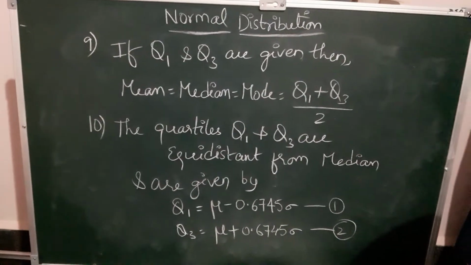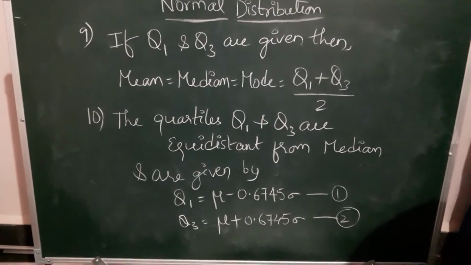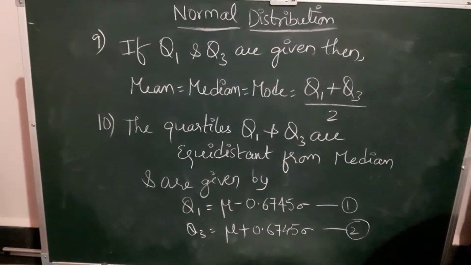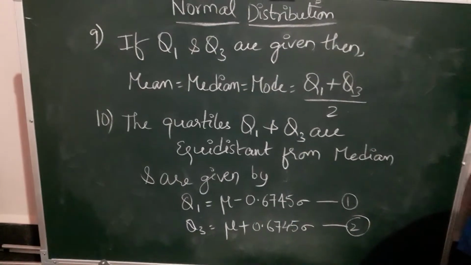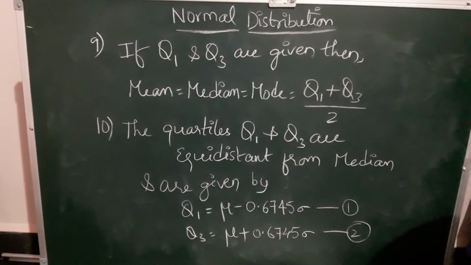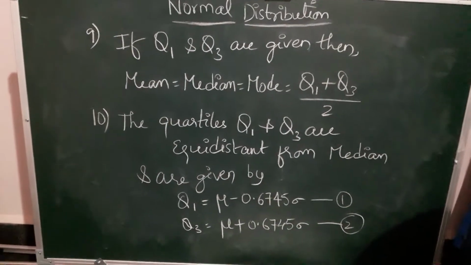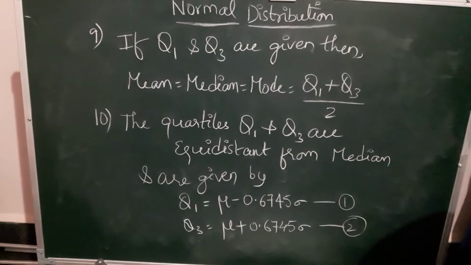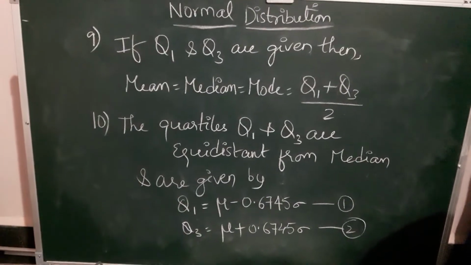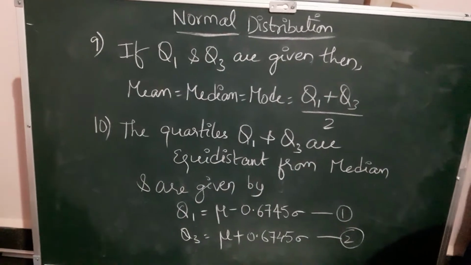So generally in a normal distribution, when the lower and upper quartiles are given, how do we calculate the mean, median and mode? What is the formula when Q1 and Q3 are given? It is Q1 plus Q3 divided by 2. You are just calculating the average. This property number 9 is generally not mentioned in the textbook, but in the earlier syllabus, before some concepts were removed and others added, this property was there.